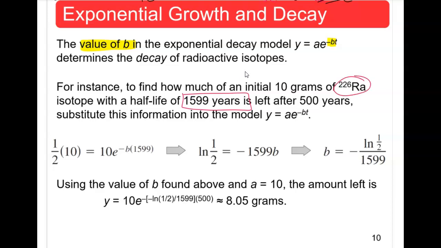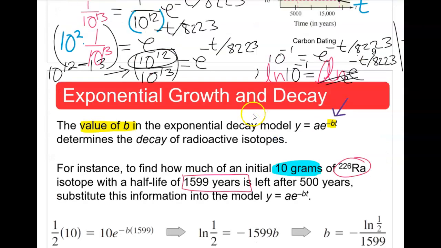So here's another element, and the 226 is the type of isotope. So you start with 10 grams. That is the original amount. And then you want to find the constant that we need to construct our model.